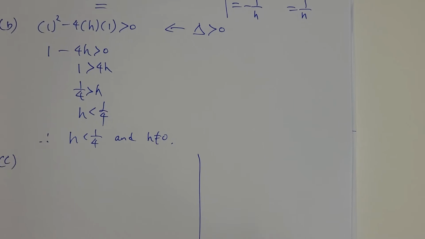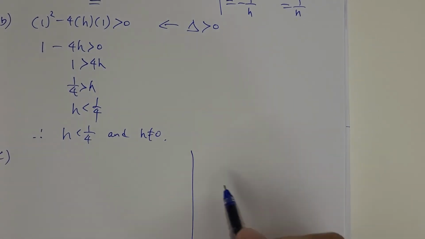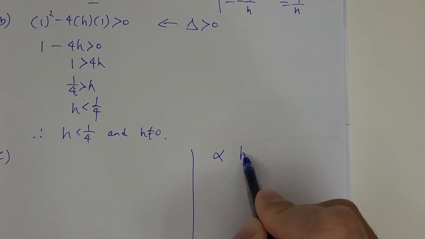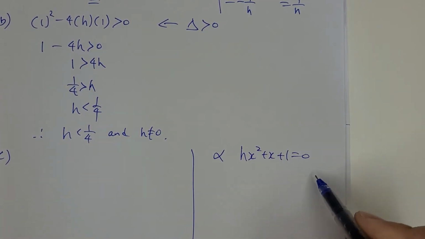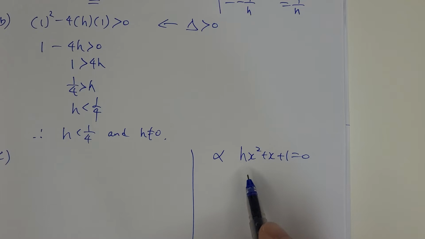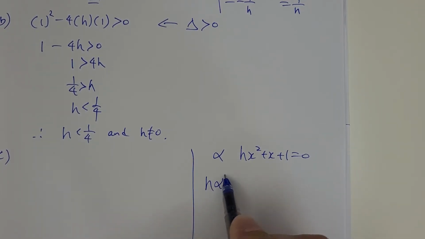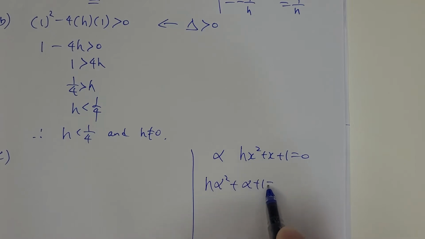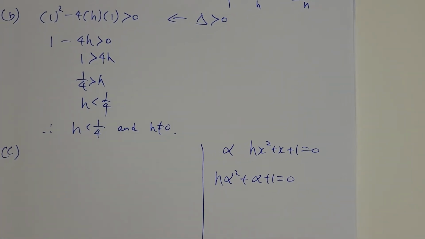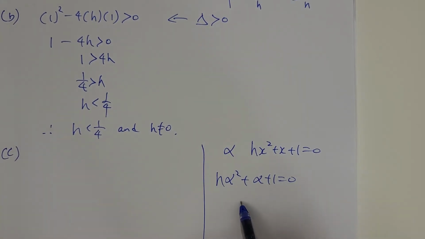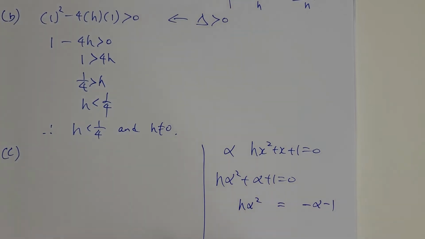Let's go back to the equation. Since alpha is a root of this equation, x squared plus x plus 1 equals 0, that means when x is replaced by alpha, the equation still works, right? And we can see it this way: h alpha squared would equal negative alpha minus 1.